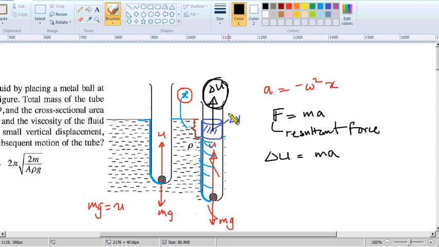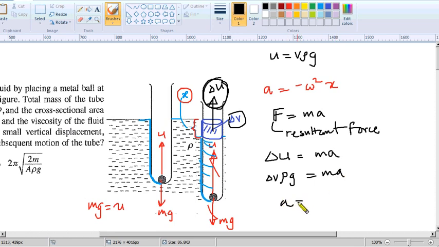If the excess additional volume is delta v, we can write the equation for this delta u. Anyway, u equals V rho g. So here instead of v, we write delta v rho g equals ma.